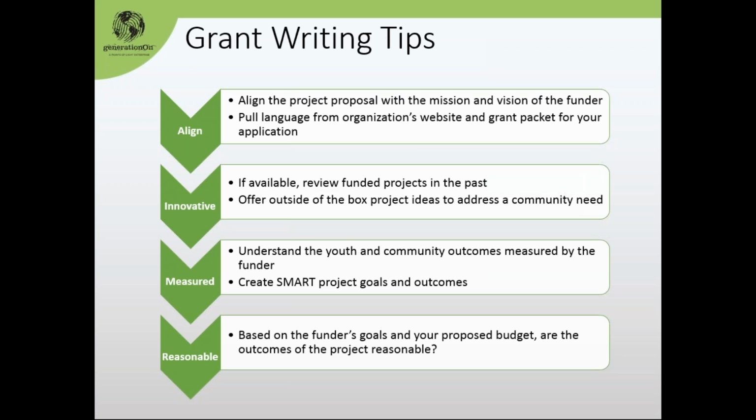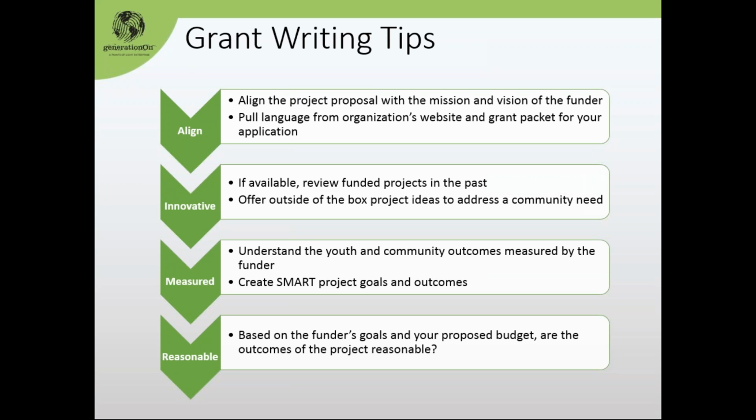Again, you also want to make sure that the goals and the outcomes are aligned with what the funder measures. Generation On sees volunteering as a strategy to help youth grow in 21st century skills and social emotional competencies. Those are our measurements of success.